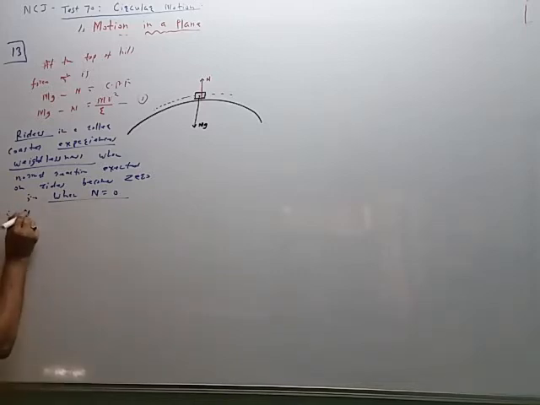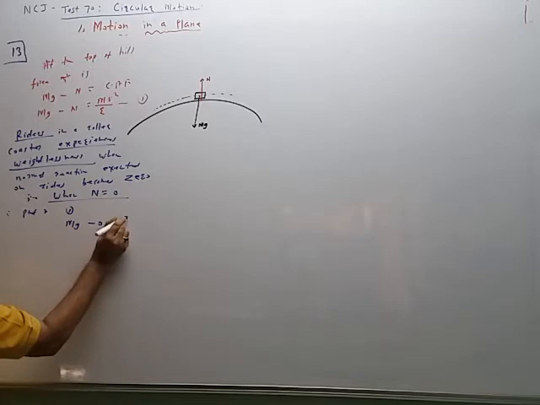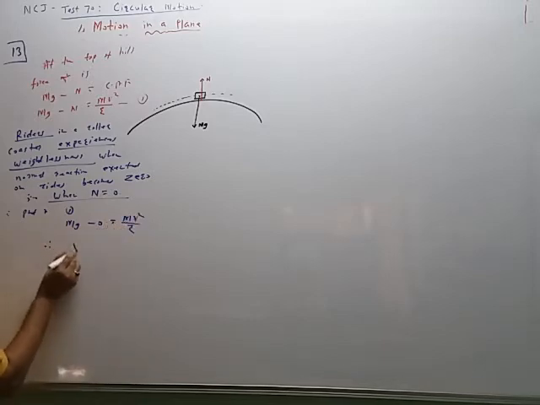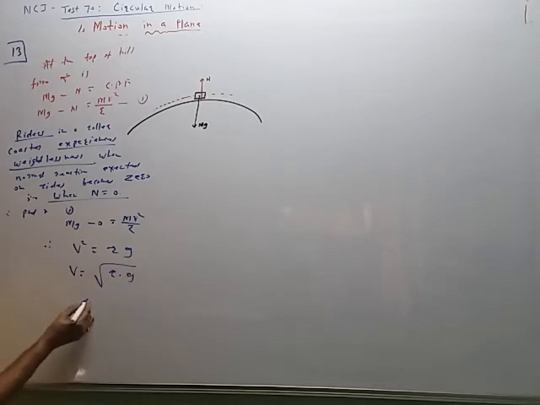Therefore, put in 1. mg minus 0 is equal to mv square upon r, and therefore v square is equal to rg. Therefore, v is equal to under root r into g.